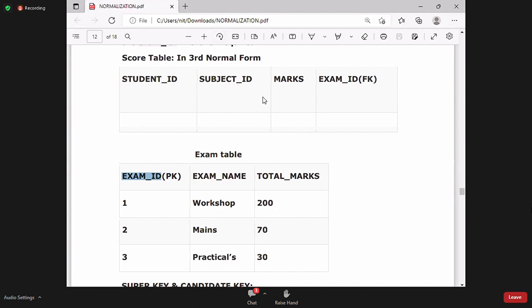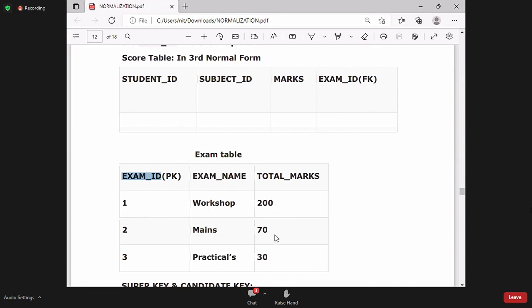Here also, fully dependent columns. So in this table there is no transitive dependency, and in this table there is no transitive dependency. Now these are converted into fully dependent tables. But fully dependent tables are not a problem, right? Yes or no? What is my problem? The transitive problem.